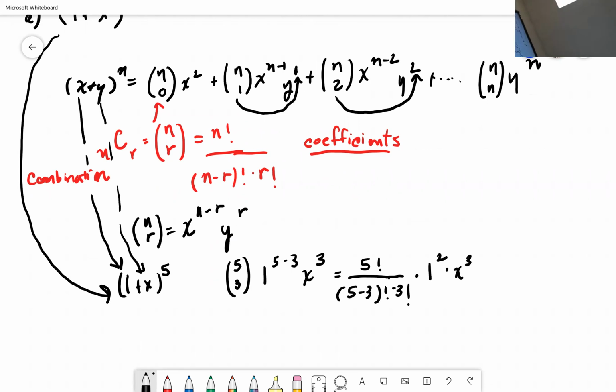Now, you can use your calculator to figure this out. There's a button on your calculator for the factorial stuff. It's called nCr. So if you look for it, it's called nCr.